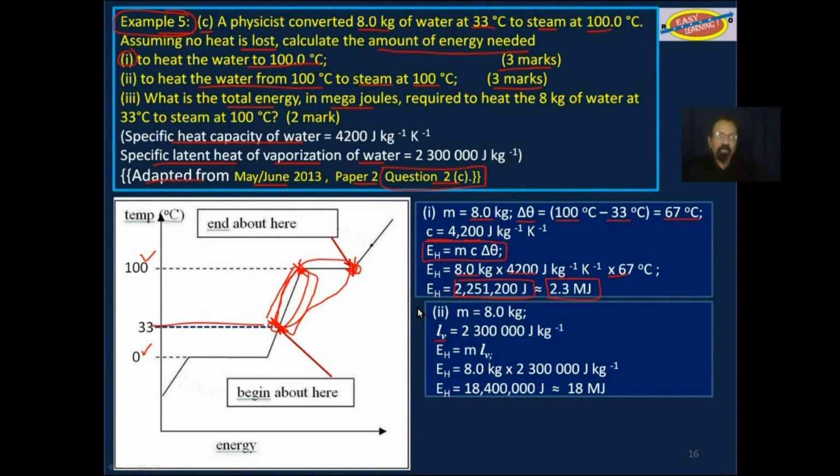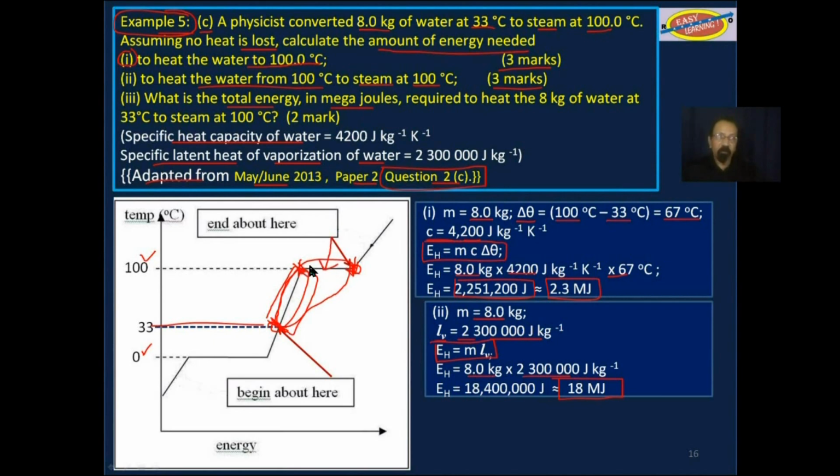We know the latent heat of vaporization of water is 2,300,000 joules per kilogram. We know the mass, and so we know EH is equal to MLV. We substitute the numbers we are given, and we get a rounded off answer of 18 megajoules. So that's the answer to the second part of the question.